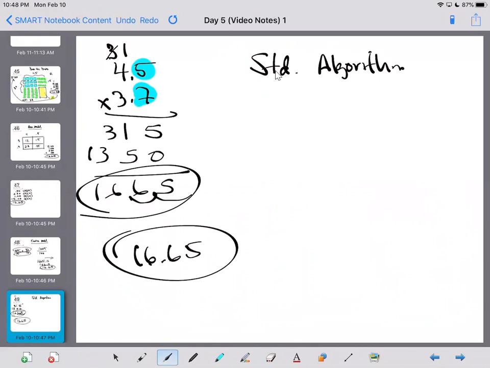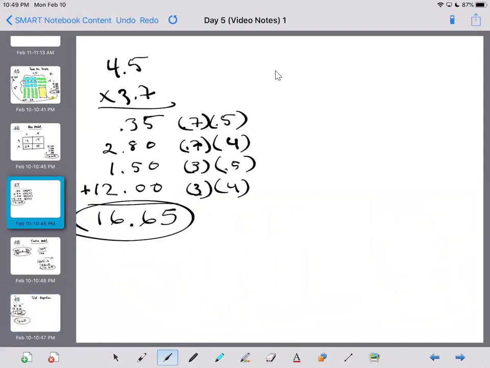The nice thing with getting to the standard algorithm is again, it's a goal. It's a goal after you can show how the base 10 works, how the area model works, how even before that, thinking about an estimate, and then showing some patterns of what happens when you multiply a number like 7/10 and 5/10.